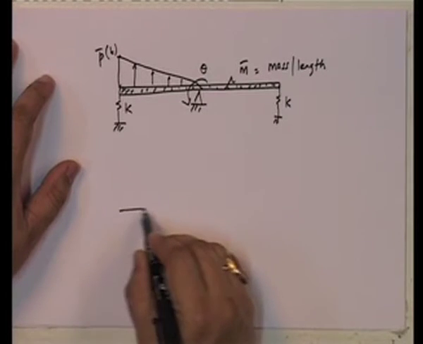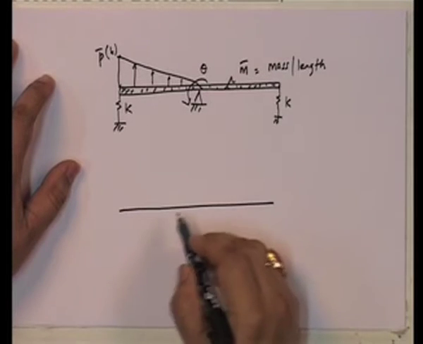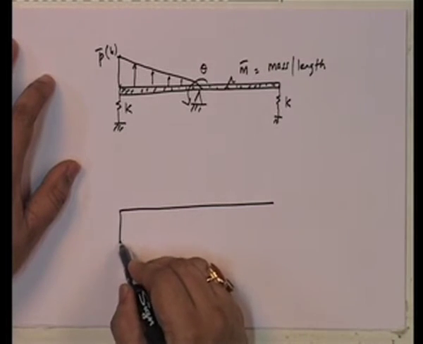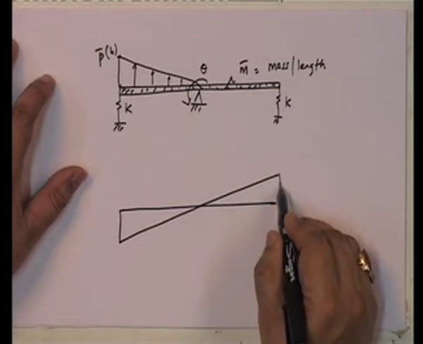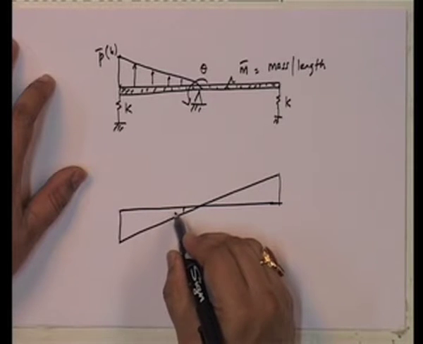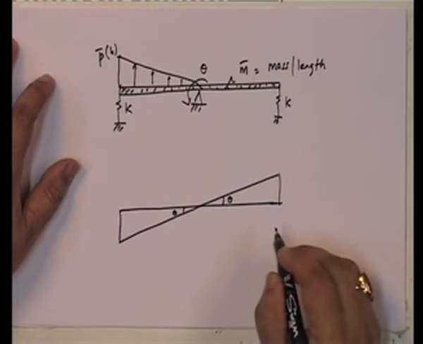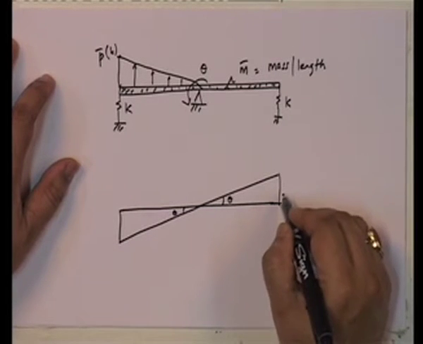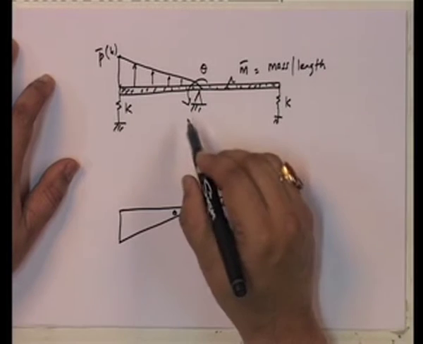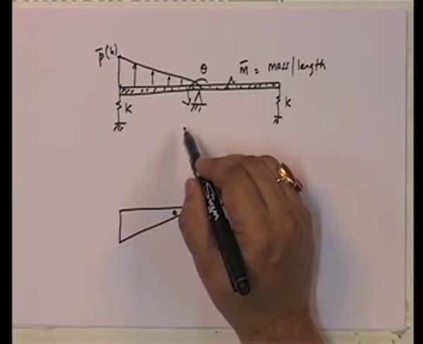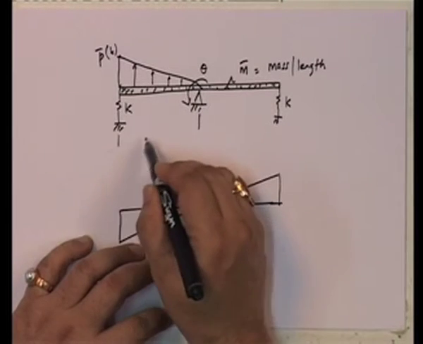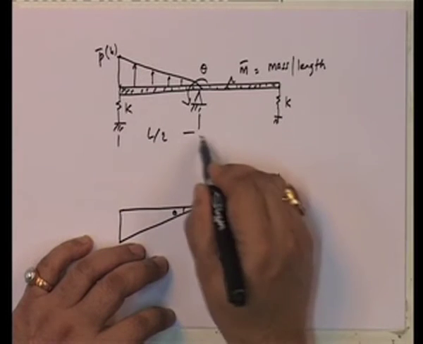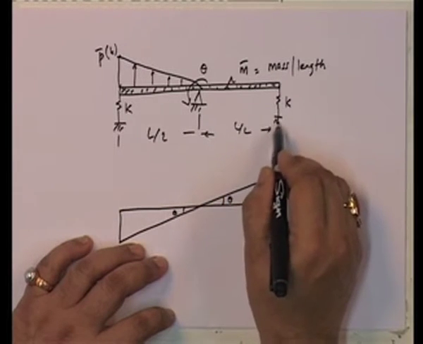Let us give it a displacement, and if this is unit theta, then at this point I have, I forgot to put down the values, so I am going to put them as L by 2 and L by 2.